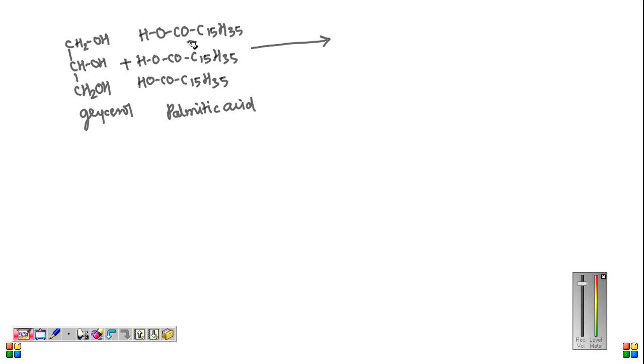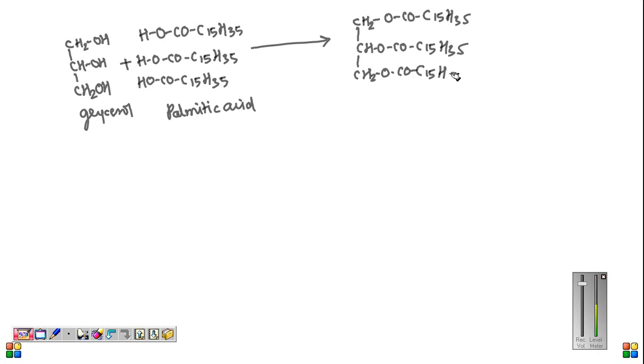Glycerol reacts with the three molecules of palmitic acid, forming a triglyceride, CH2OCOC15H35, CHOCOC15H35, CH2OCOC15H35.